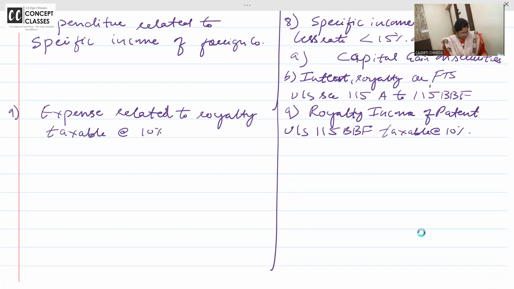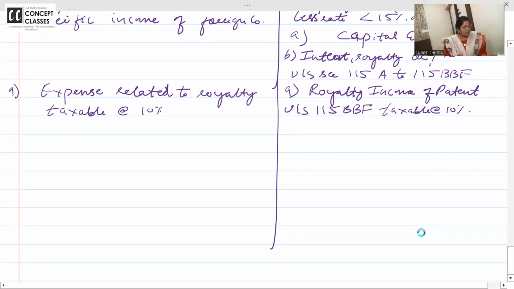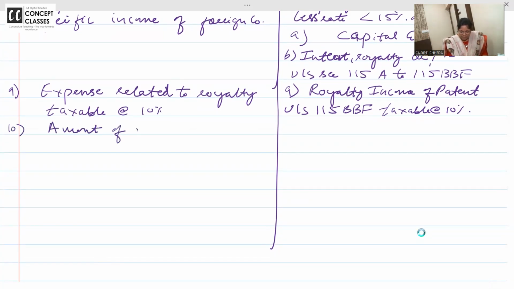अच्छा है, clear है, सबको समझ में आ रहा है. Next, amount of depreciation as per books of accounts. Add back.